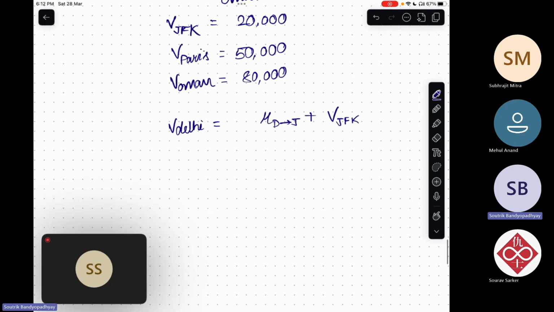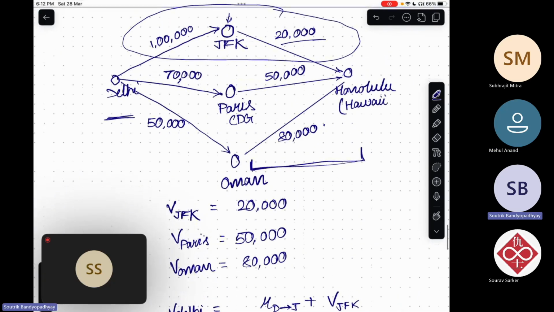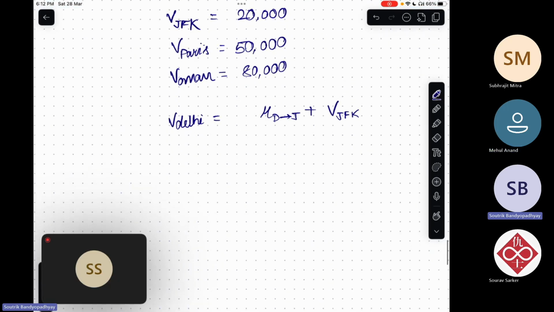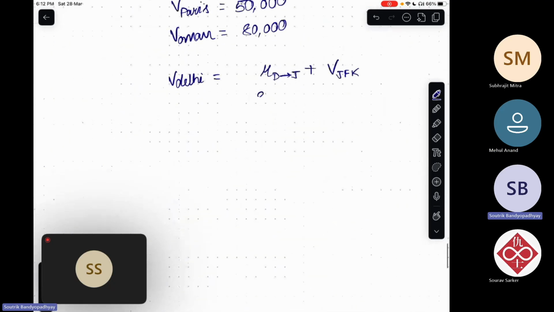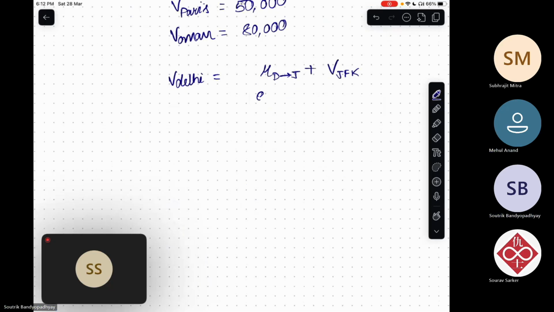Is this clear? Right? So you have to take the jump from Delhi to JFK, and then JFK onwards, you have this 20,000 cost, right? So effectively, Delhi to JFK was 1 lakh, right? So 1 lakh plus 20,000.